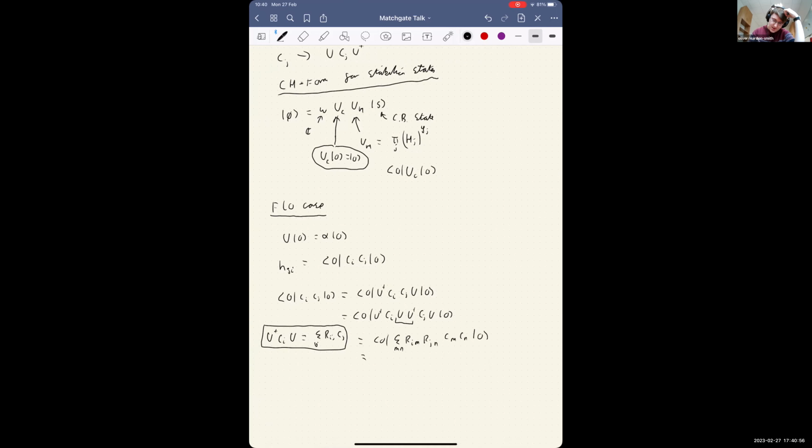And this is the sum over m, n of R_im R_jn H_nm, I think, if you pull the sum out of the product. So in particular, what you get is that U|0> = alpha|0> implies that this R matrix preserves H.